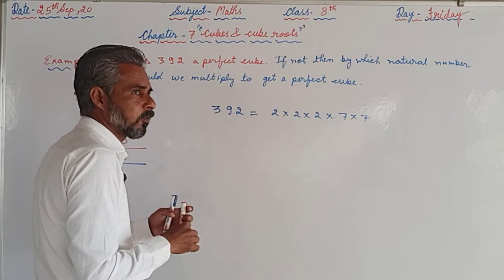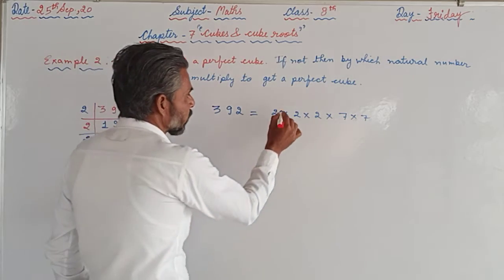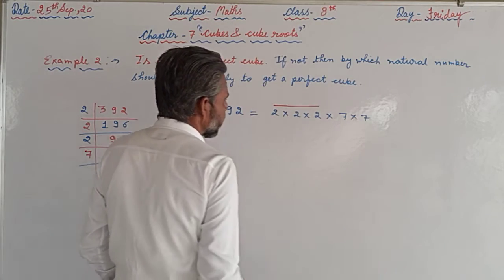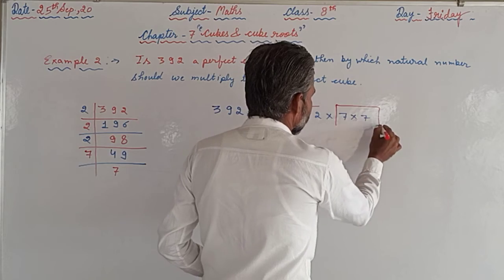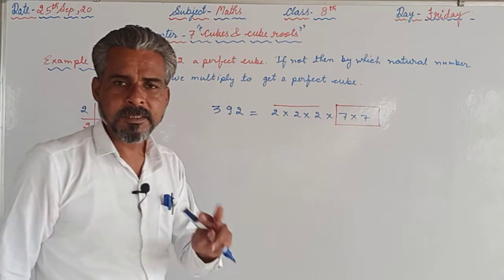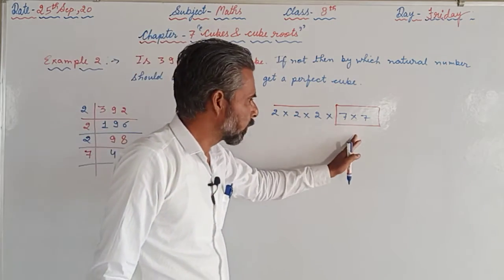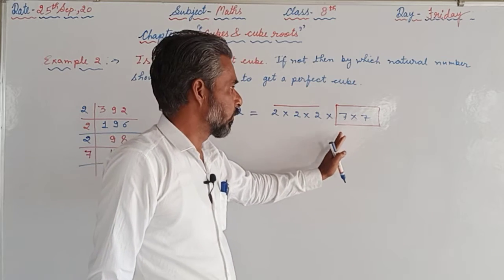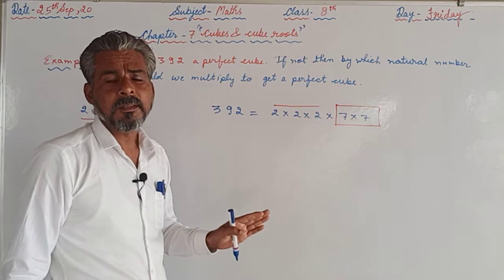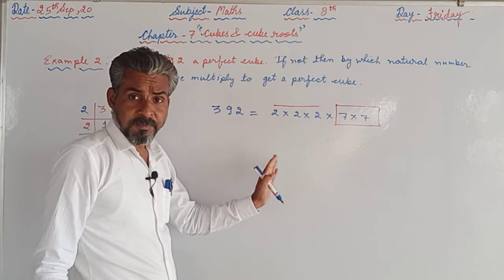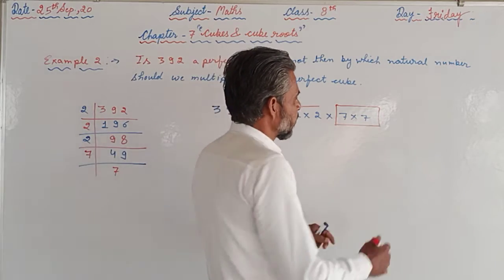Now we are supposed to form the triplets. So here one triplet is there, 2 into 2 into 2, and 7 into 7 is not complete. Triplet means 3 numbers should be there. Here only 2 numbers are there, so we have to complete the triplet so that the number becomes a perfect cube. So by which number do we have to multiply here? By 7.